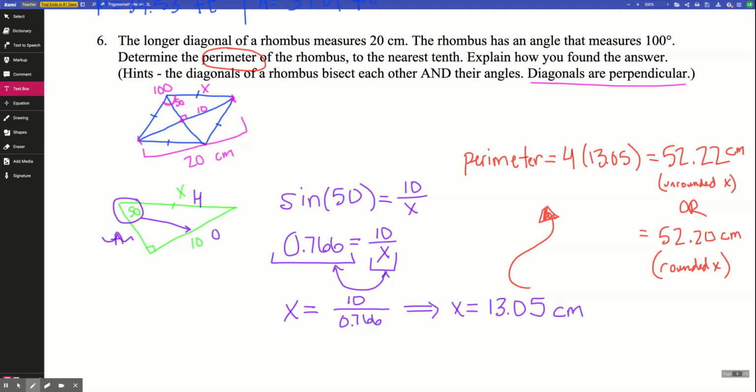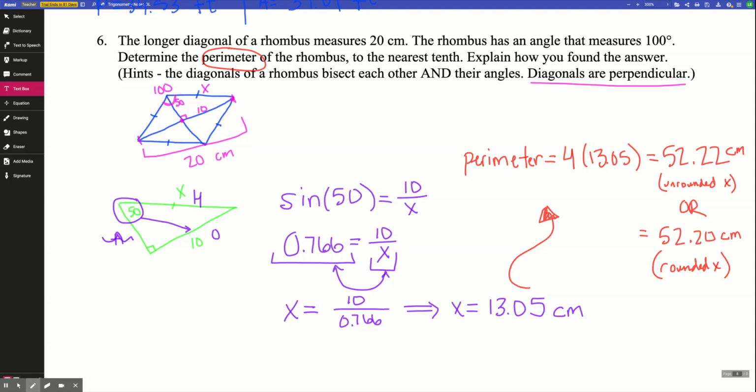I did not round my x value in my calculator before multiplying it by 4. So I got a slightly larger value of 52.22 centimeters, but that's just because my x was not rounded.